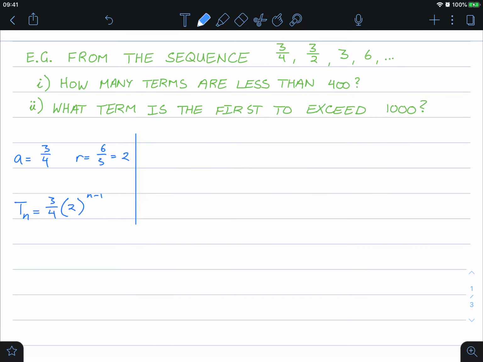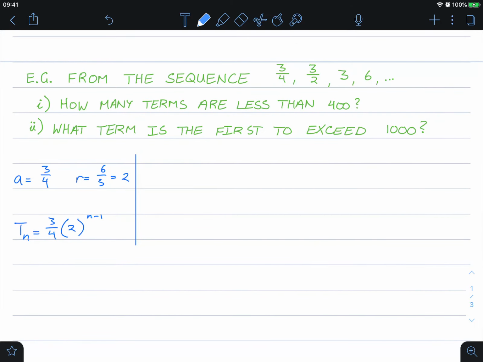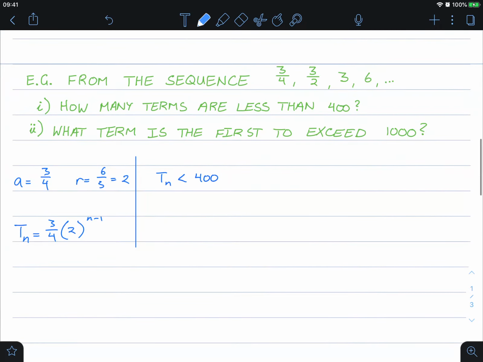The question now becomes, how many terms are less than 400? To find less than 400, we want Tn less than 400. So which term is the first one to be less than 400? Substituting our equation, 3 over 4 times 2 to the power of n minus 1 is less than 400.